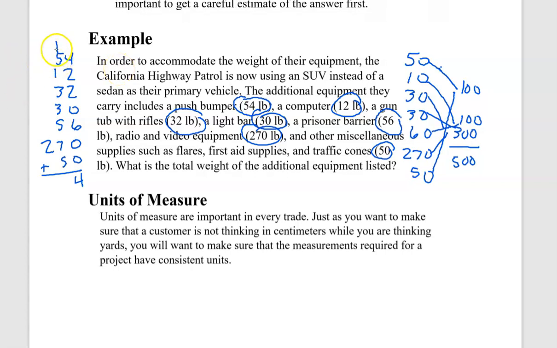Okay, now we've got 1 and 5 is 6, 7, 10, 13, 18, 25. It's going to give me a 30. So put your 0. Carry your 3. 3 and 2 is going to give me 5. Those answers are right on.